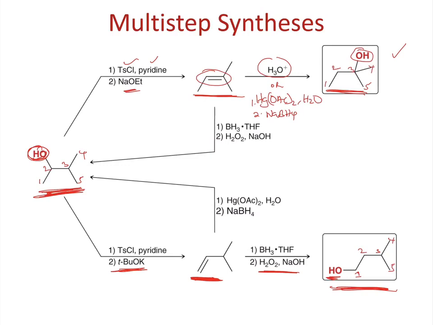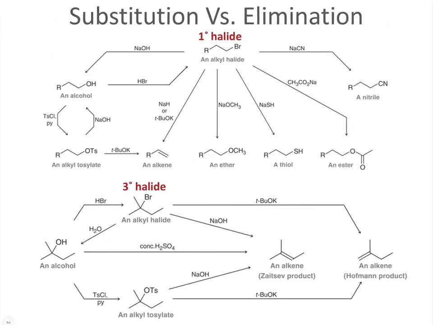So what you realize from here is that you need to know the reagents necessary to perform one-step synthesis. For example, you need to have the materials necessary to perform substitution and elimination reactions at your fingertips. For example, whether you're going to do SN2, SN1, E2, or E1.